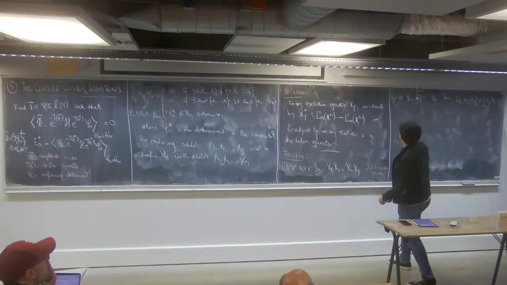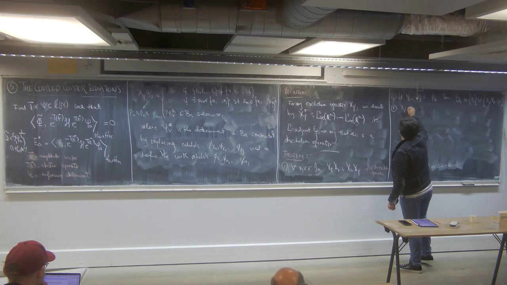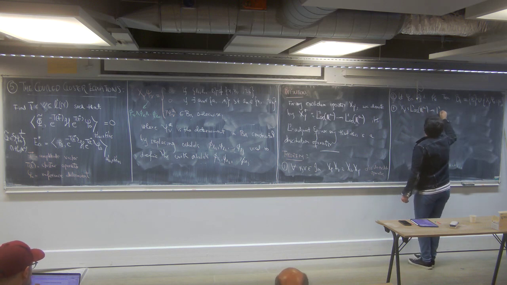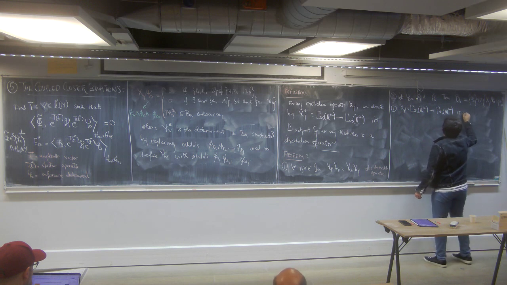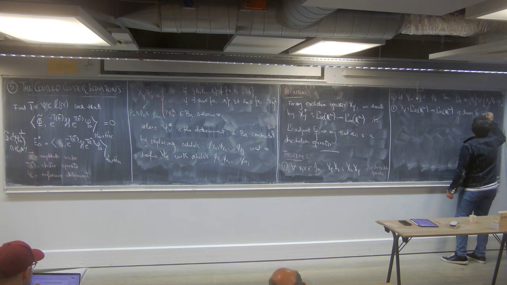Okay. Then the third comment, which I again brushed under the rug, is the fact that x mu, as a mapping from L2 antisymmetric R3n to L2 antisymmetric R3n, is linear and bounded.